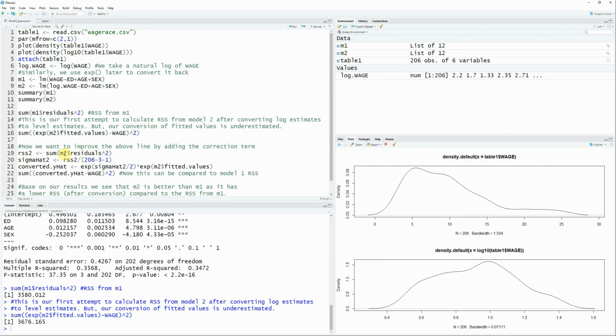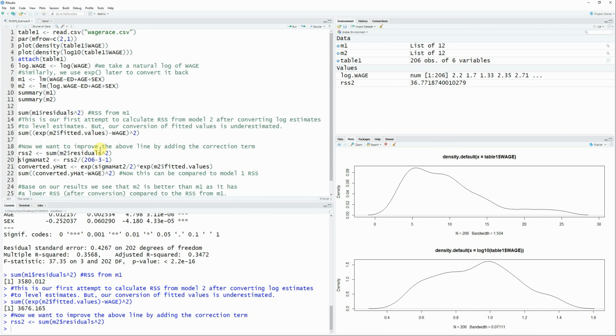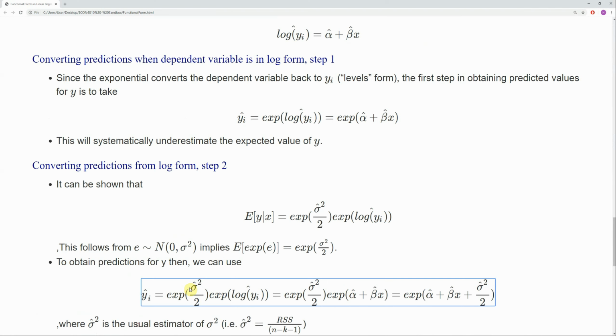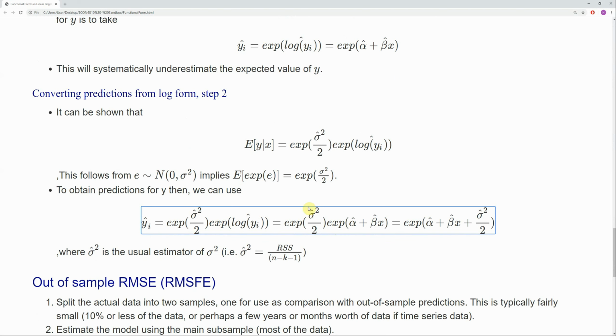So the residual sum of squares from model 2 would be the sum of the squares of the residuals from that model, so we can get that. Why do we need it? Because as you see in this file over here, we want to calculate sigma squared hat, and that comes from the residual sum of squares over degrees of freedom.